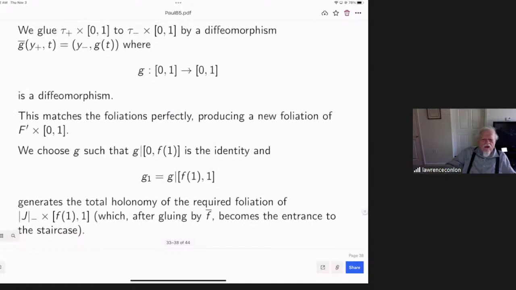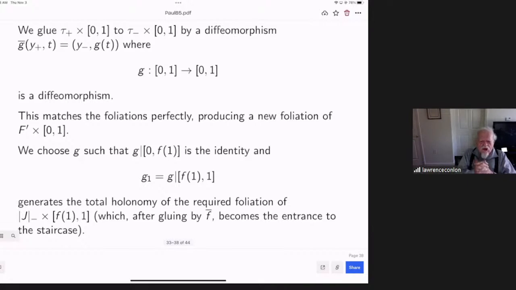The diffeomorphism G bar is basically just G on the interval 0, 1. It's to be a diffeomorphism, and it's to match the foliations. It matches the foliations perfectly, so you get a new foliation of F prime cross 0, 1.